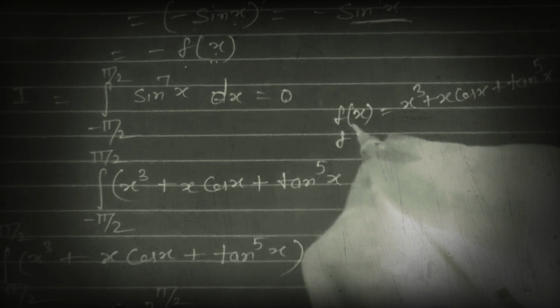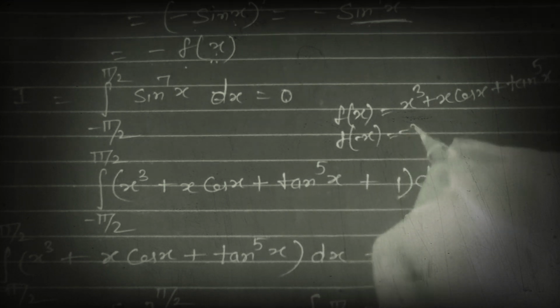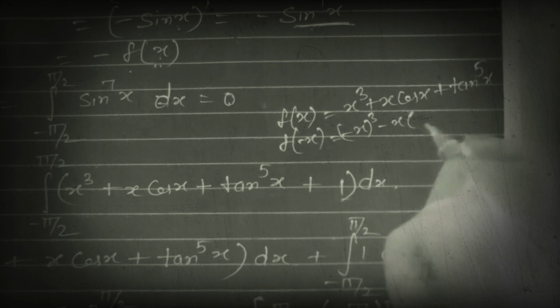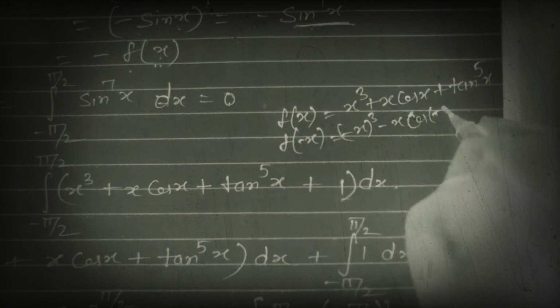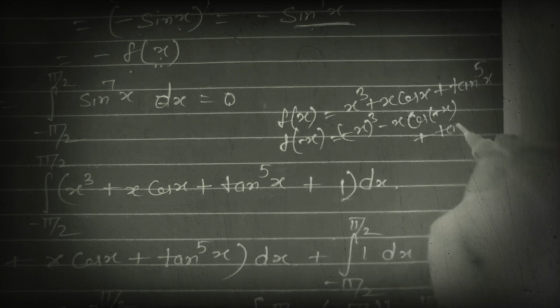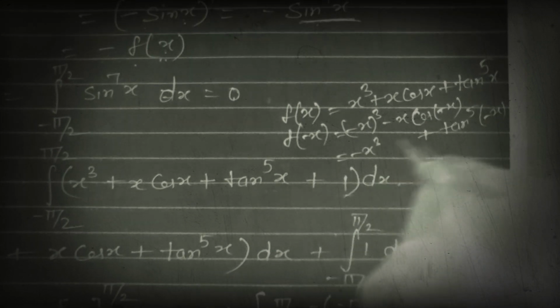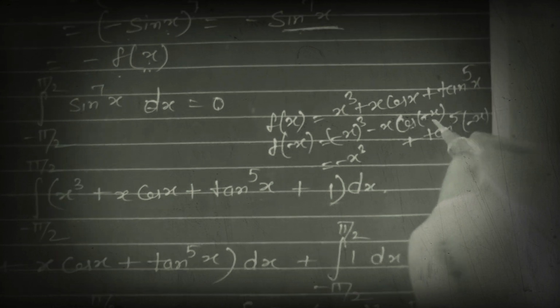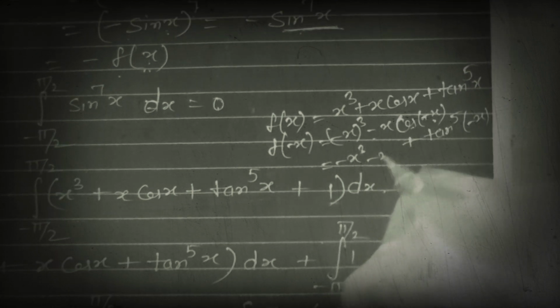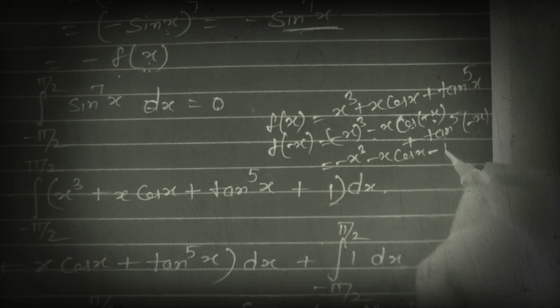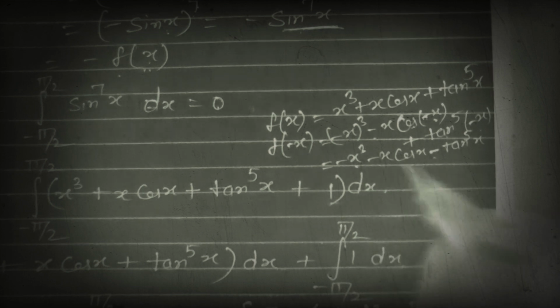If we take f of minus x, it will be minus x cube, minus x cos of minus x, plus tangent raised to power 5 of minus x. So it will be minus x cube. Cos of minus theta is cos theta, so it is minus x cos x. And tangent minus x is minus tangent x, whole power 5. It is also negative. So look at this, we can take minus common.